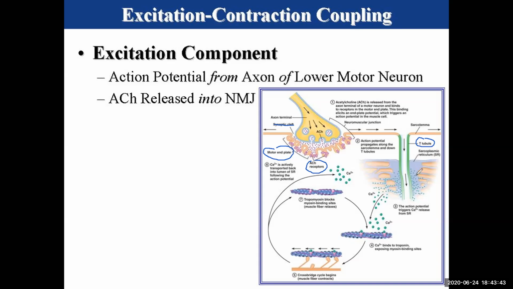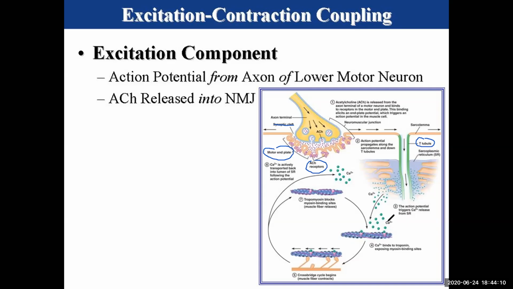And we're going to learn very shortly, there are transmembrane proteins allowing the sarcoplasmic reticulum to detect incoming action potentials on the sarcolemma of the T-tubule. It recognizes that signal and releases calcium into the sarcoplasm that you see here.